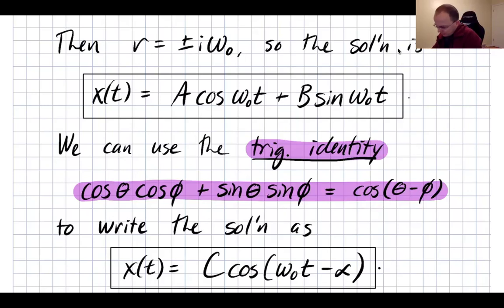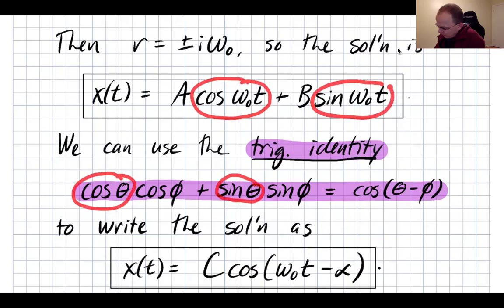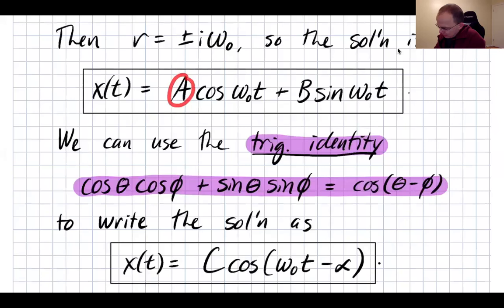And how are we going to use it? Well, it's a little bit in a different order, but we're going to think of, let's see, this cosine theta, that will be this cosine omega naught t, and the sine theta will be the sine omega naught times t. So then this A is going to be this cosine, and this B will be this sine.